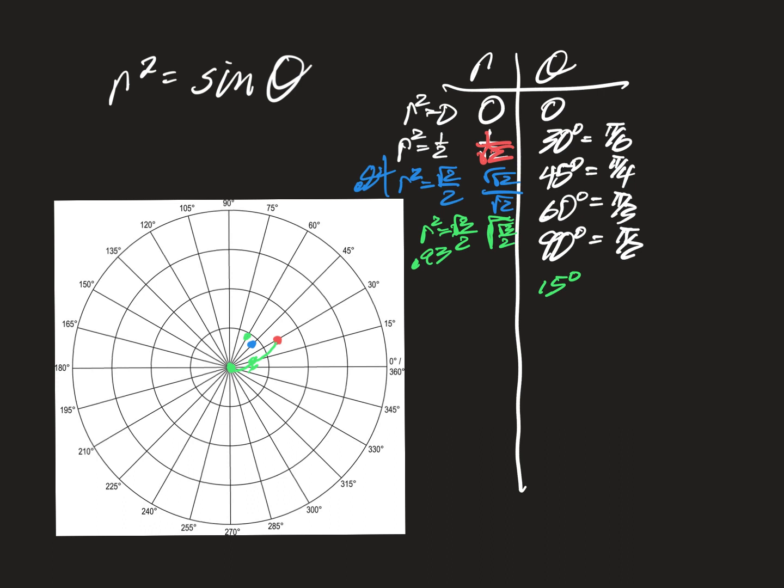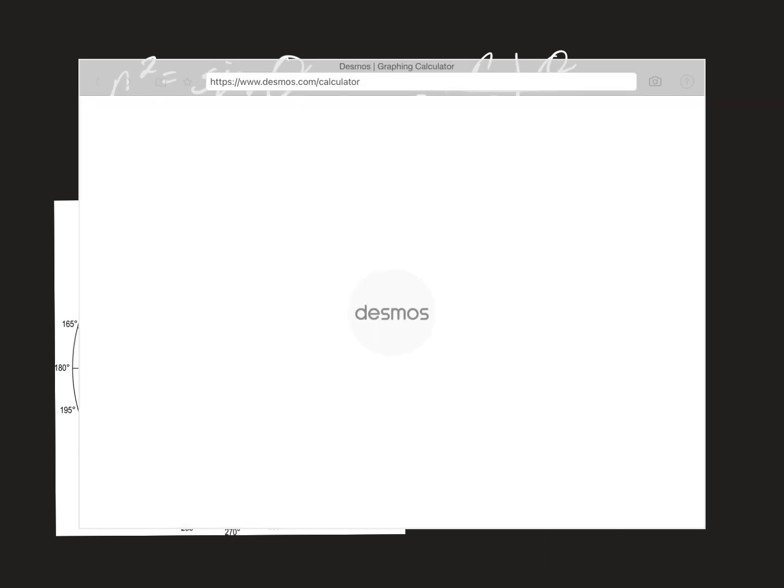So it looks like we come up, and then we come down, and then it looks like we might be coming up again. So I'm not quite sure. This one would be really challenging to graph doing this way. And so I would definitely want to use Desmos on this particular one, okay?